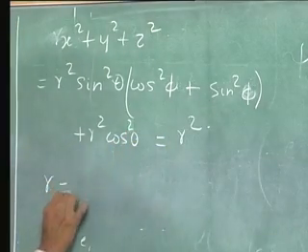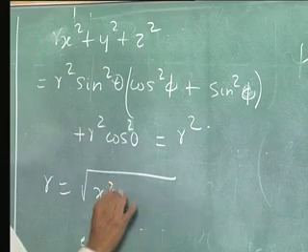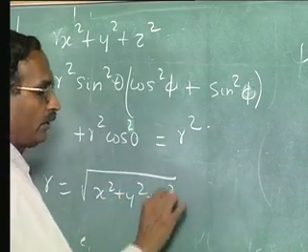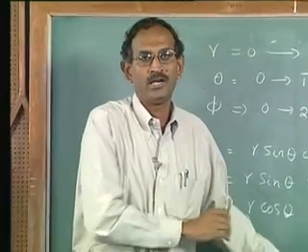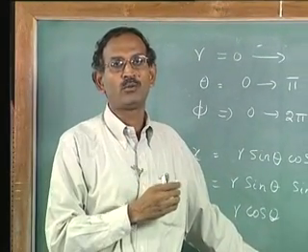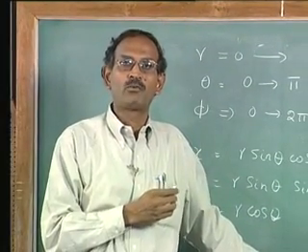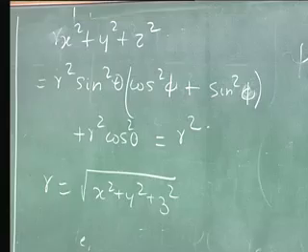Therefore, r is square root of x square plus y square plus z square. Not a surprise, you have already used this result in writing down the potential energy 1 by r, 1 by square root of x square plus y square plus z square as 1 by r. It is obvious. What about theta?